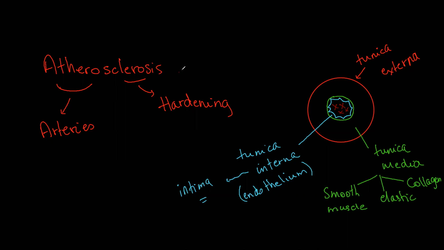Let's return back to our atherosclerosis. The main damage that leads to this kind of artery hardening is a damage in this layer, in the endothelium of the tunica interna or tunica intima. Type. What is the cause of this damage? We have here 2 causes. Either by high blood pressure.